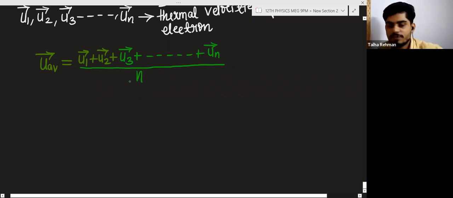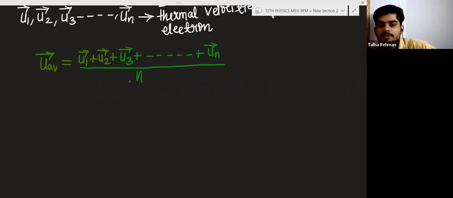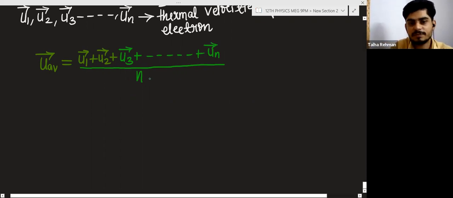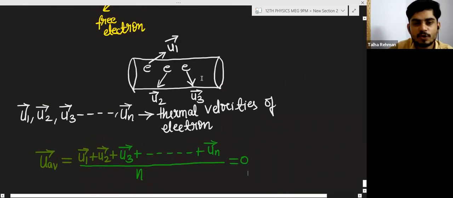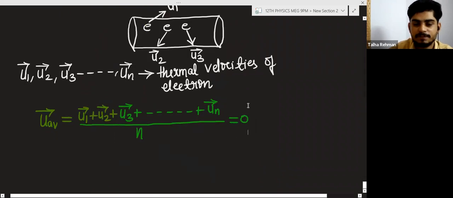The average is the sum of velocities divided by the number of velocities. Here the number of velocities means the number of electrons, that is n, and this comes out to be 0. This is the case when you have not applied any electric field.